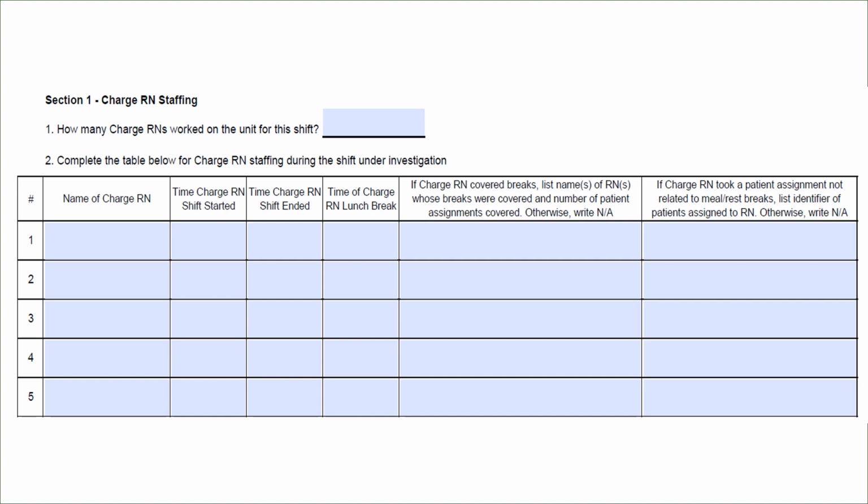If not applicable, write NA. If the charge RN took a patient assignment not related to meal and rest breaks, list identifiers of patients assigned to that charge RN, and if not applicable, write NA.